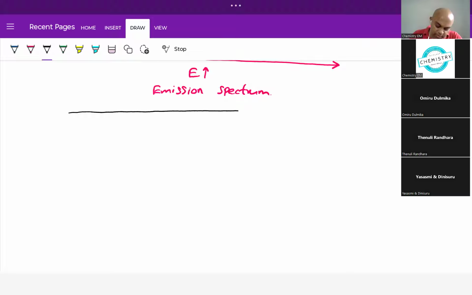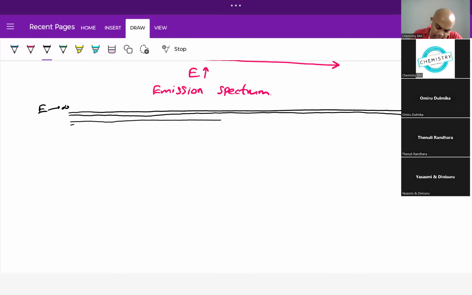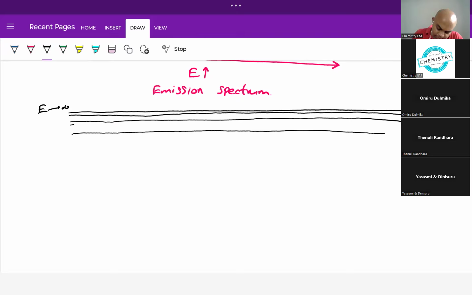Let's say this is E infinity. Then there will be one energy level like this, and like this. The gap is gradually increasing.